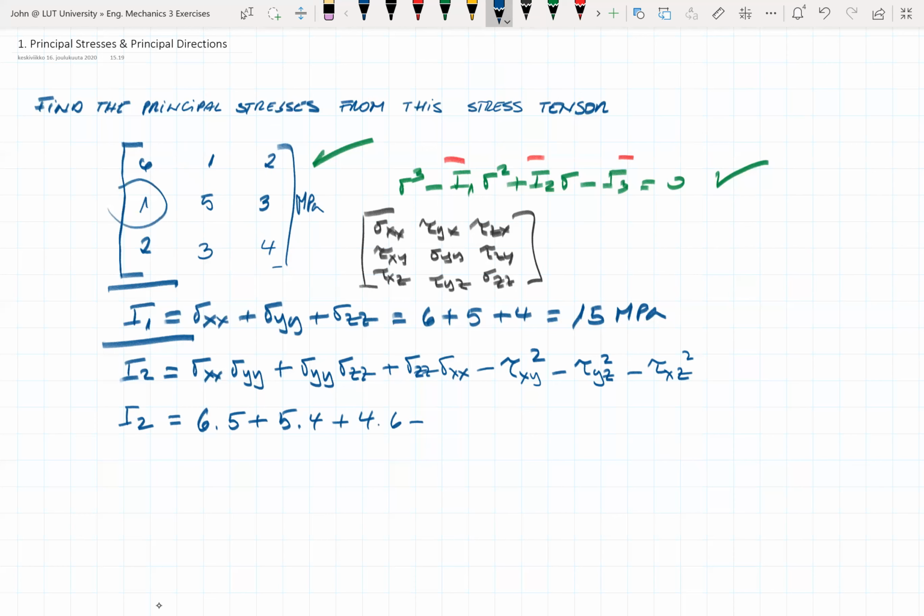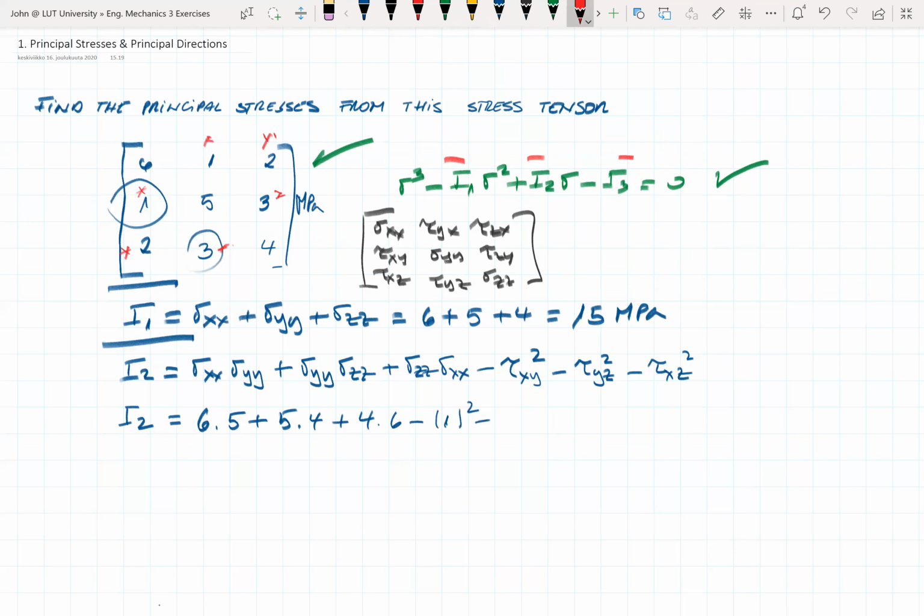We're talking about this one here to be 1 square minus tau yz, and tau yz is going to be this one here. And because we can use reciprocity of shear stresses, these two terms are equal, these two terms are equal, and these two terms are equal.